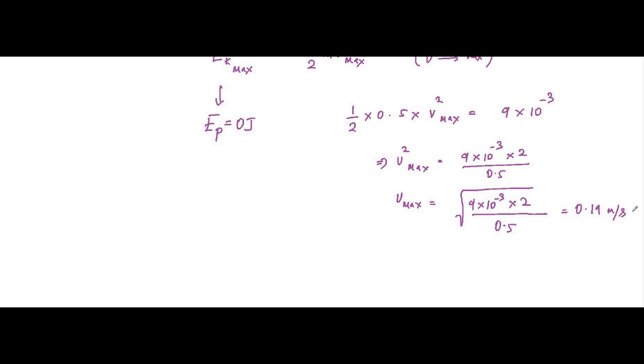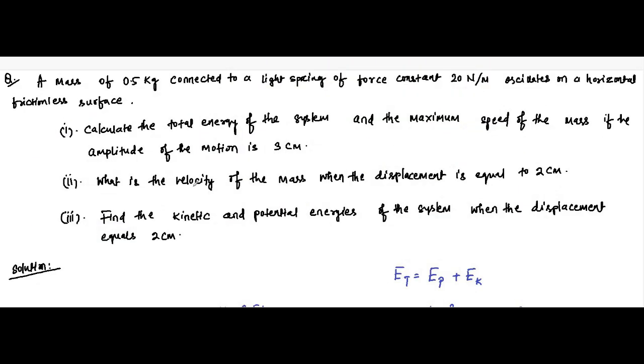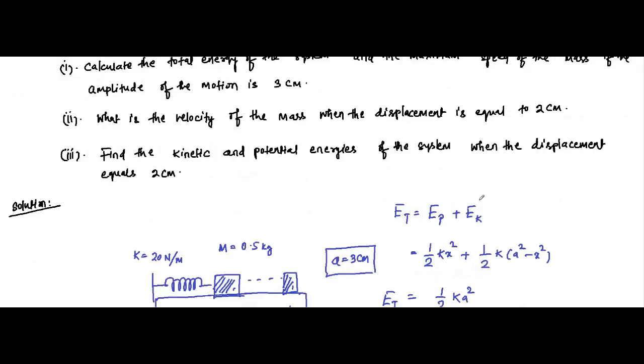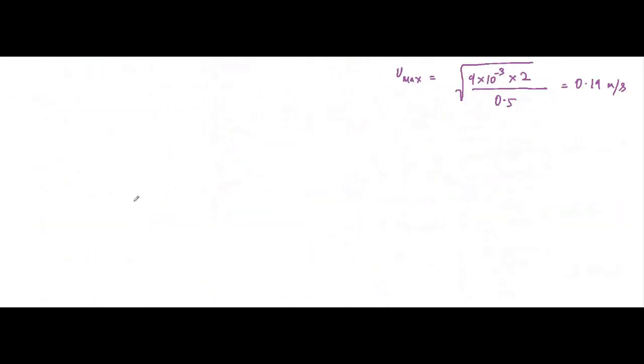So here both ways we are getting the same value of maximum velocity. So either way you can proceed. Next, it has been asked to find the velocity of the mass when the displacement is equal to 2 centimeters. Here we know the basic formula.